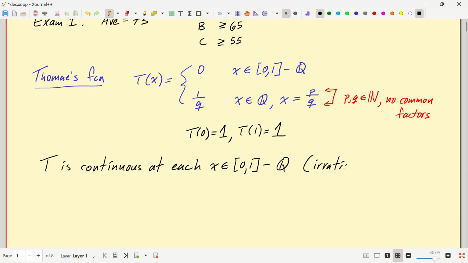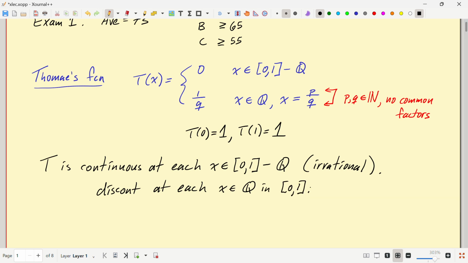And it's discontinuous at each rational point in 0, 1.